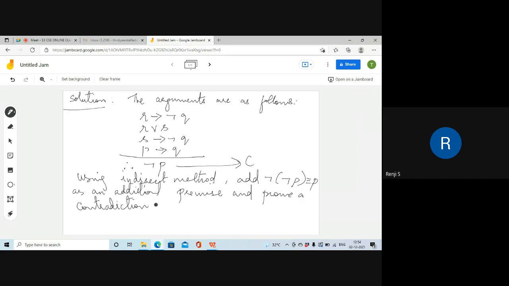So write this much. Write the question first. What is given is this, isn't it? We have to prove not P. Then using indirect method, add the negation of conclusion, not of not P, equivalent to P, to the given set of premises and prove that it is a contradiction.